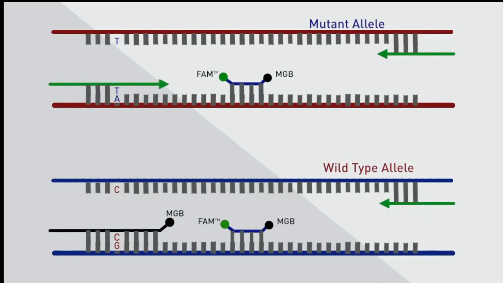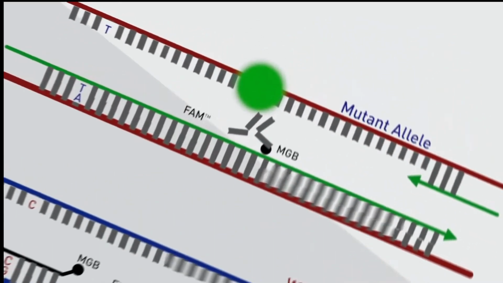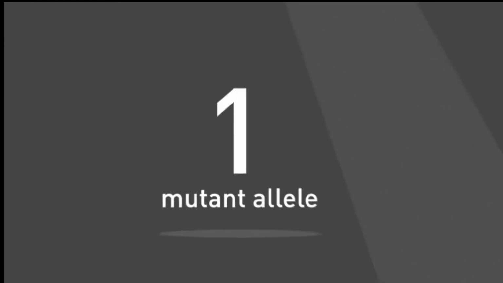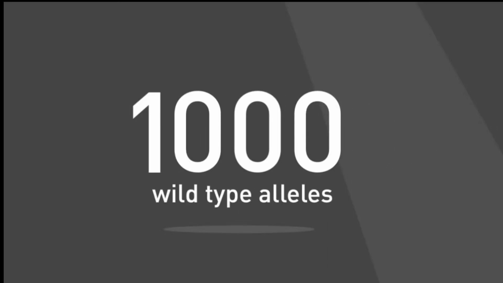Only the mutant allele is amplified and generates a fluorescent signal. By increasing the specificity and inhibiting the amplification of the wild-type allele, this competitive allele-specific TaqMan PCR provides a very sensitive and specific method to detect as low as one mutant allele in the presence of 1,000 wild-type alleles.